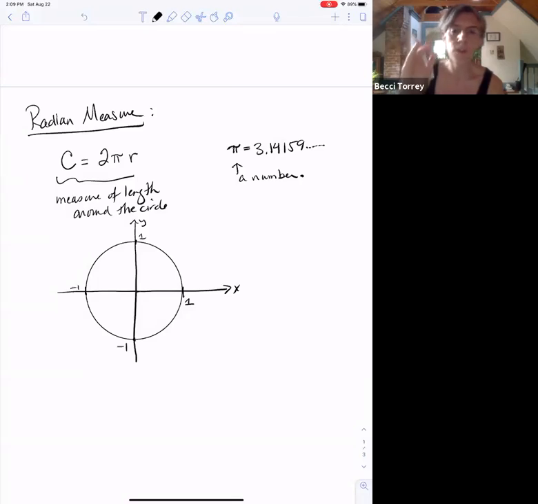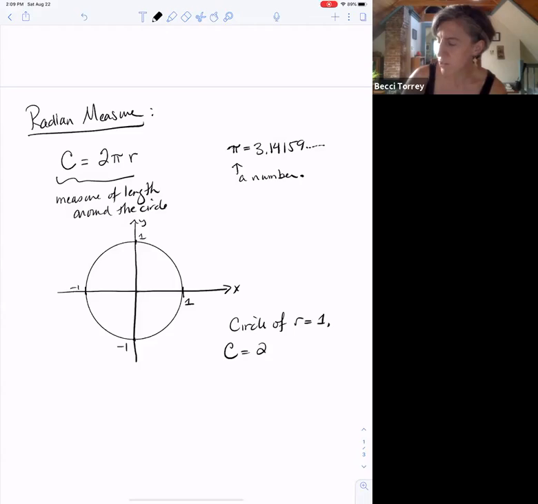And so what that says is for a circle of radius r equals 1, the circumference is 2 pi times the radius, which is 1, which is 2 pi. And pi is 3.14, et cetera. So this is about 2 times 3.14, which is 6.28.